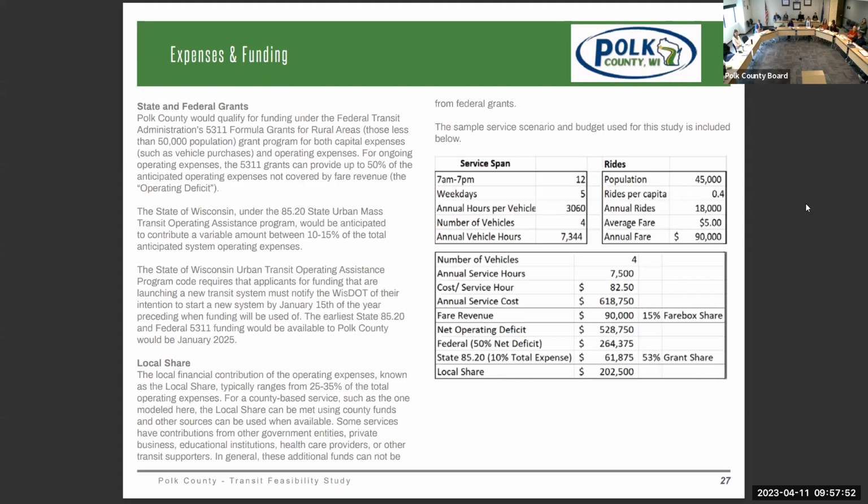Once again, there's a lot of variables in there based on the service that's designed. So since that wasn't the recommendation, I won't go into that too much more, but if you're interested in some of the thoughts, you can read into that.